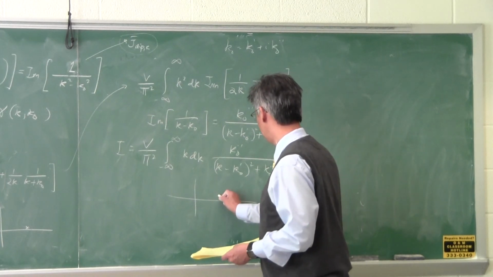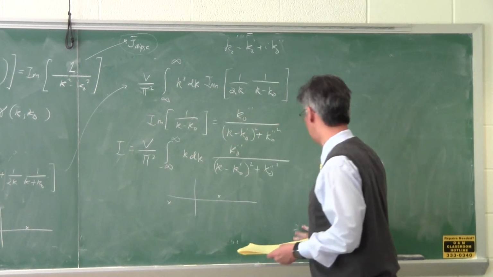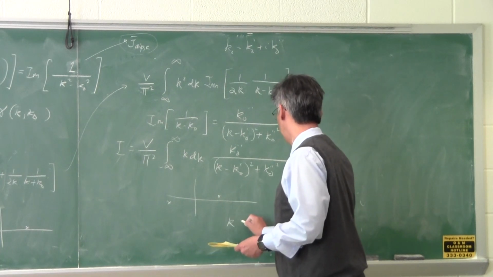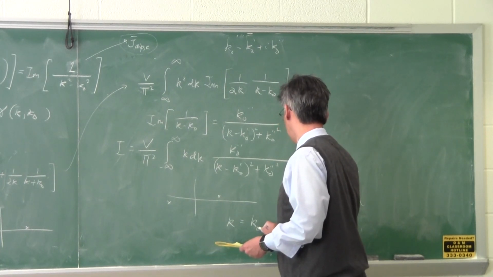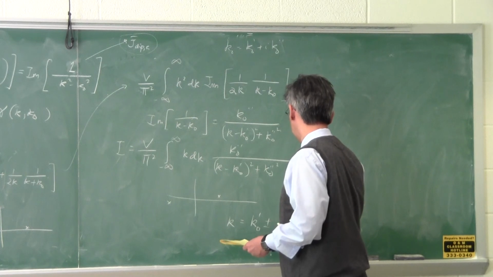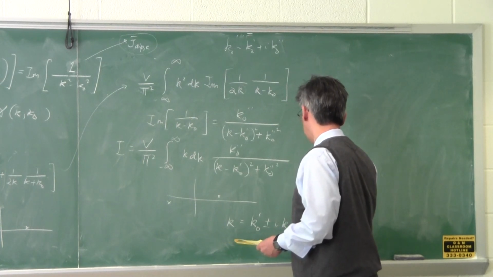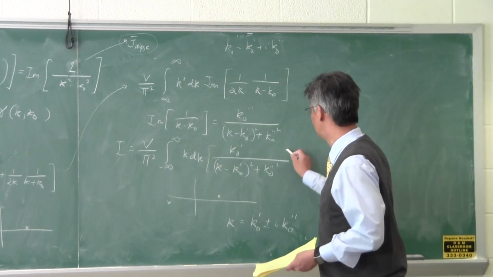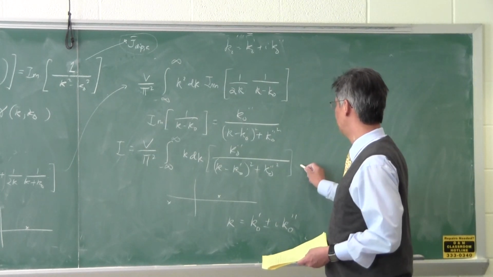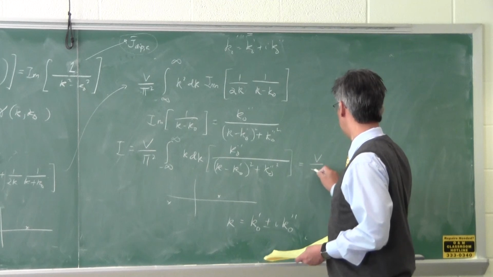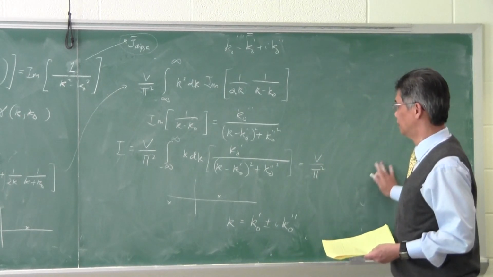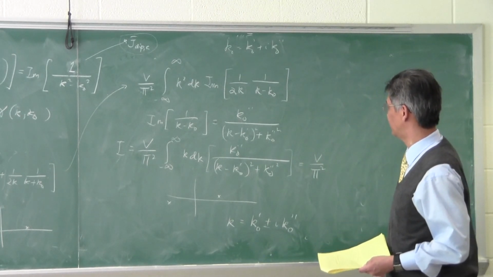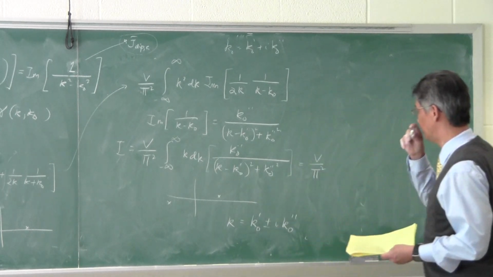And then there will be poles at two locations. The locations of the poles are k equal to k naught prime plus or minus i k naught double prime. Those are the locations of the two poles. Okay? And then when you take the residue of this term, then they will be equal to v over pi squared. And then if you take the residue, this would be at the pole location.